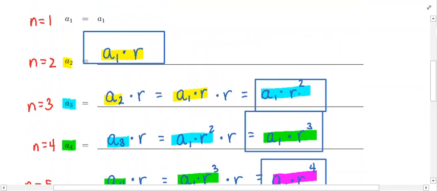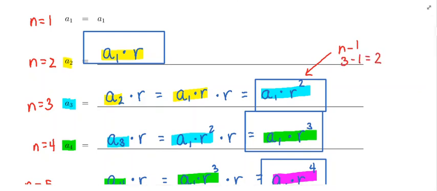Let's start with n equals 3 because the powers are a little easier to see. If we're on the third term, the power of R is n minus 1, so that's 3 minus 1, which is 2. So it seems like the power on R is going to be n minus 1.